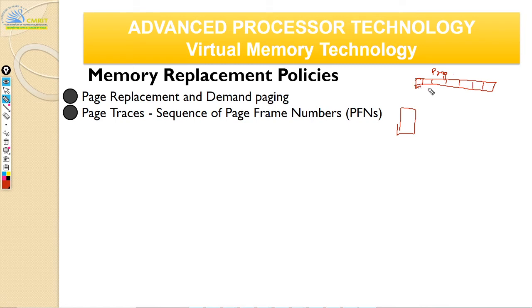So any memory that is occupied by this program will fit into one portion of your memory. It will have page numbers here. All these will have a page number.